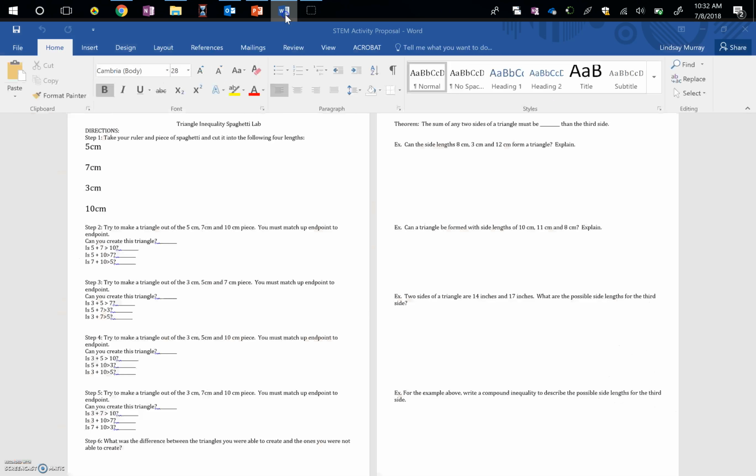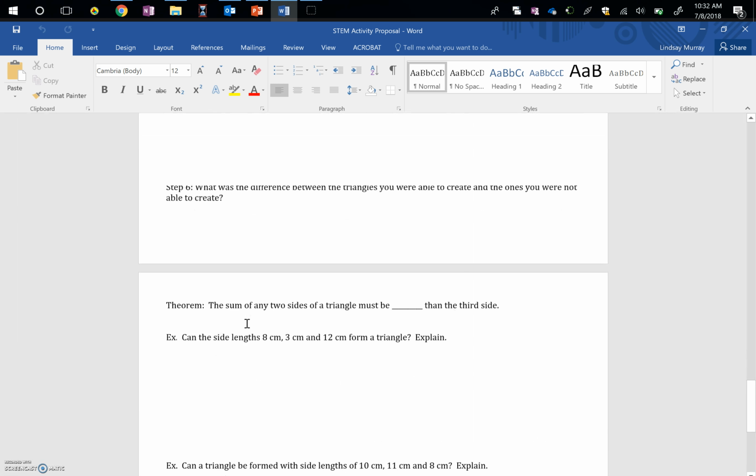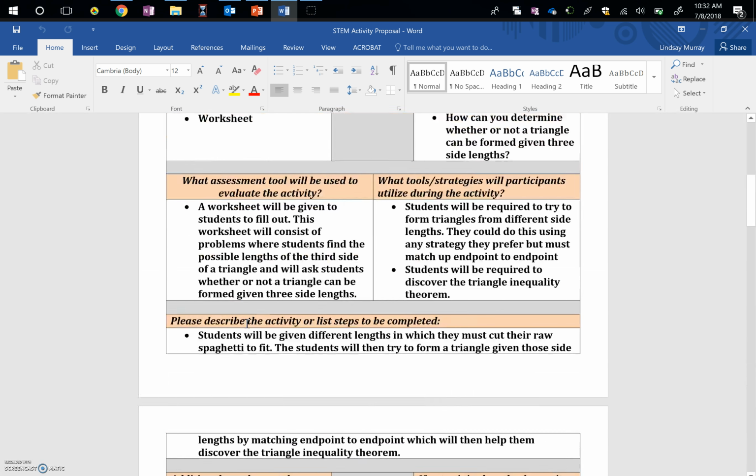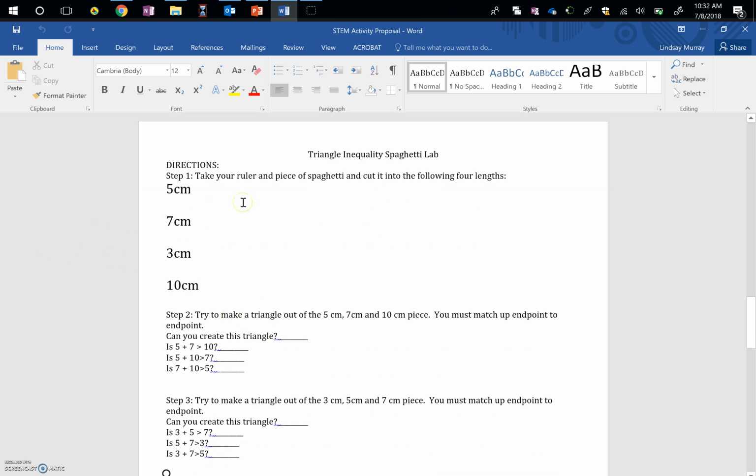So let me go to the worksheet here. This is the general activity that I would have my students complete. They would have a ruler, obviously, and they would have to cut the spaghetti using these different side lengths. So first a 5 centimeter piece of spaghetti, a 7 centimeter, a 3 centimeter, and a 10 centimeter.